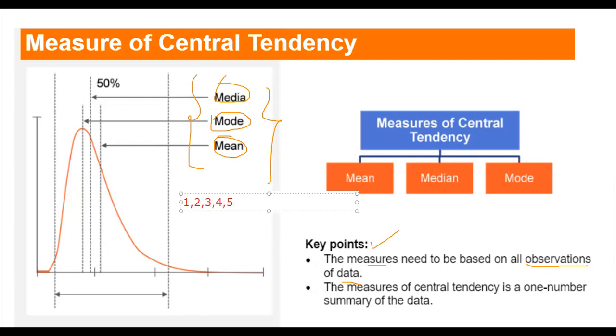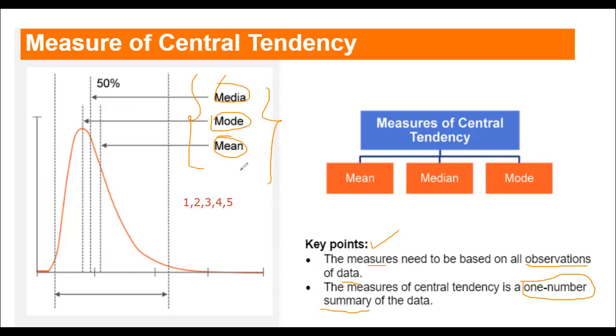This is my data. I'm taking a very basic, simple example for now. When we are finding the measures of central tendency, we are trying to find a one number summary. Just keep one thing in your mind first: we are trying to find the one number summary of the data.